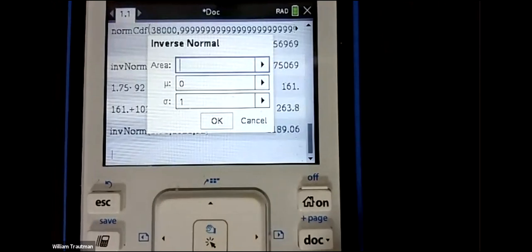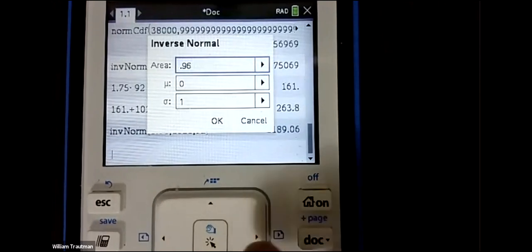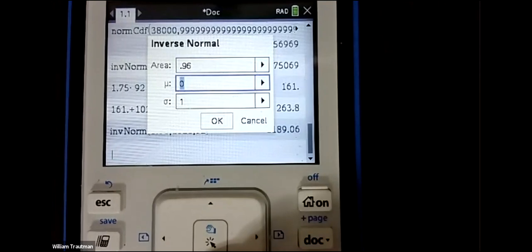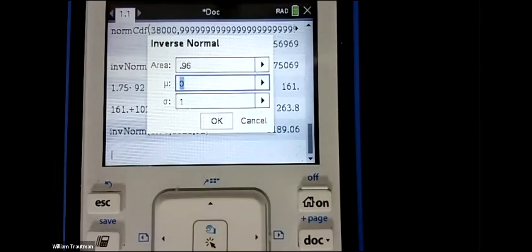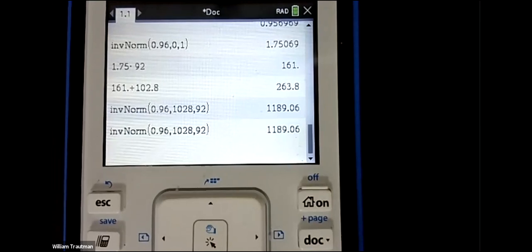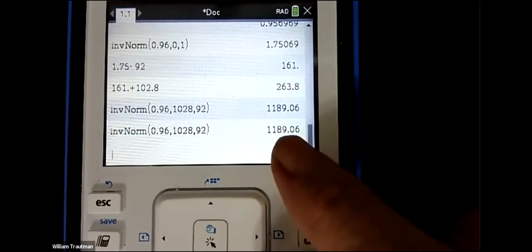And the area was 96%, 0.96. The average was 1028 and the standard deviation was 92. And when I hit okay, I got 1189.